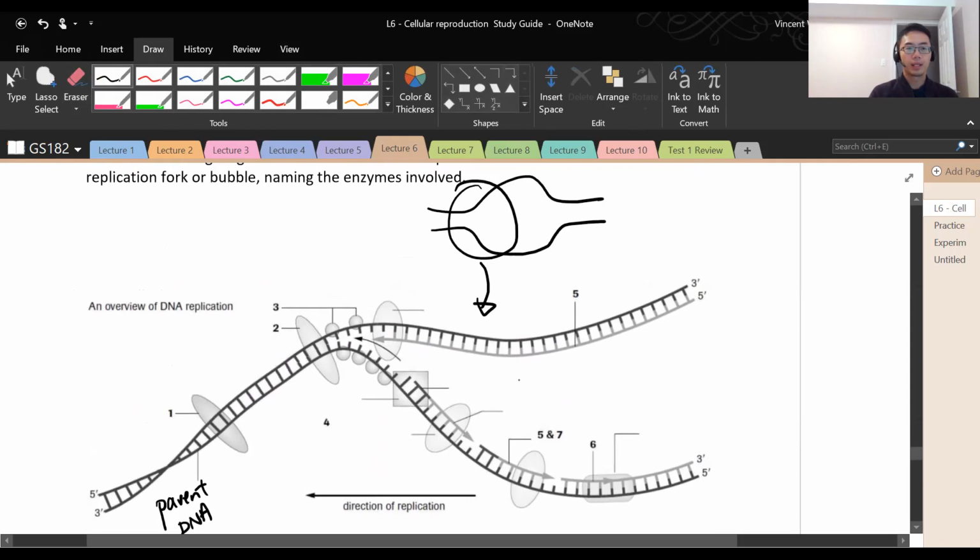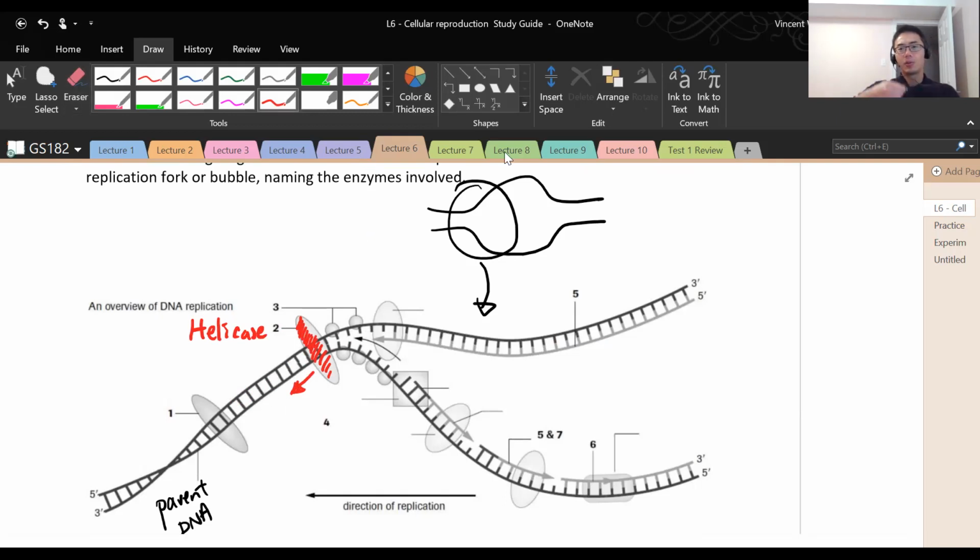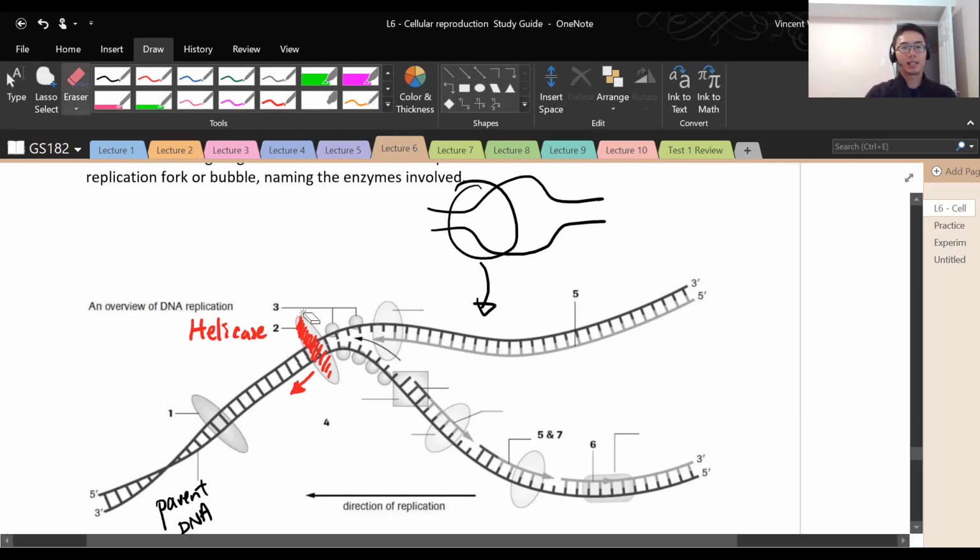Number 2 here, this enzyme, is the helicase that I was talking about. It is going to continue to travel into the fork to unzip more. Think of this as the thing that you pull on your zipper. The helicase just keeps on unzipping your DNA.